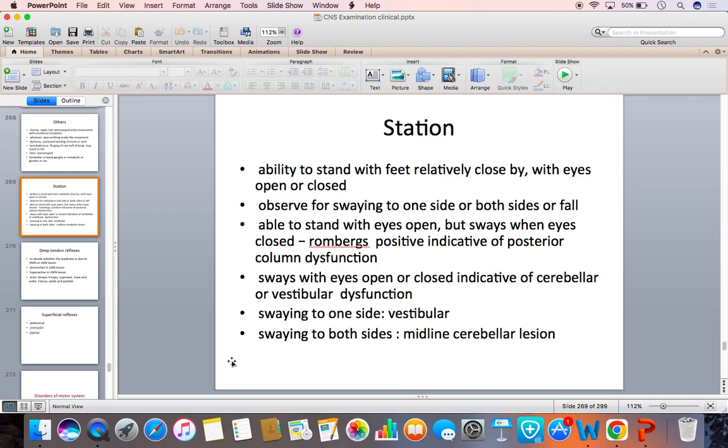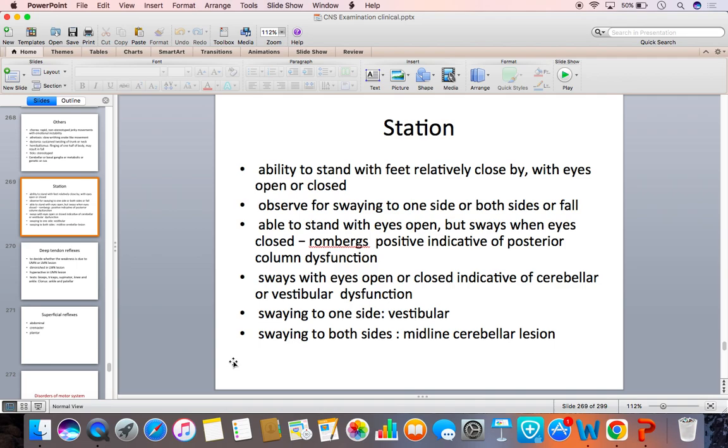But by and large, Romberg's is described as positive in posterior column dysfunction. The patient is able to stand erect with the eyes open, but sways when the eyes are closed. Whereas in cerebellar and vestibular dysfunction, the patient sways with eyes open or closed. You remember this much. That's enough.